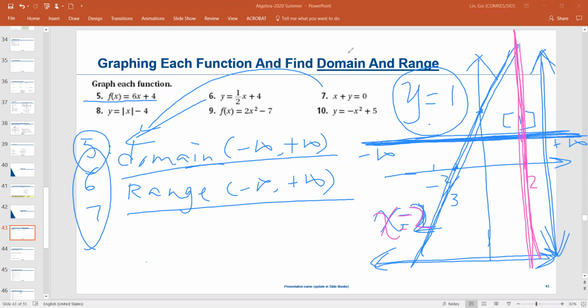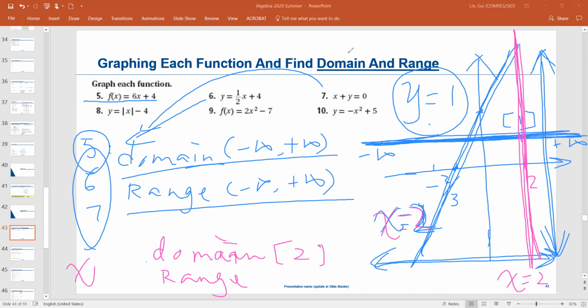So this is x equals 2. What's the domain? The domain is that x can only equal 2, right? So x can only have one value, right? What about the range?